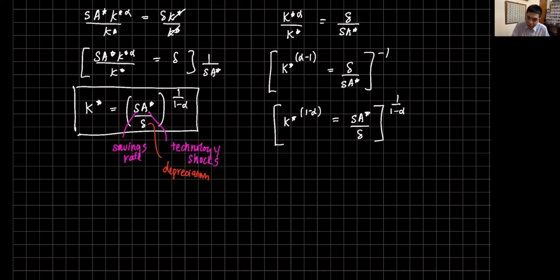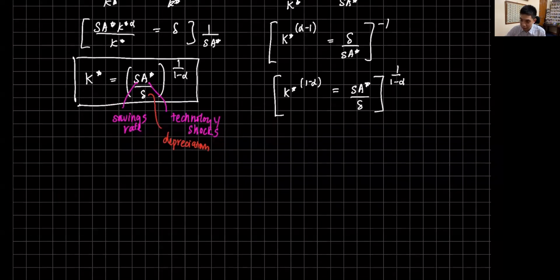That increases steady state capital. But if the depreciation rate goes up, the one in the denominator, it decreases steady state capital. And pretty much that's what we expected. So we have our steady state capital here.